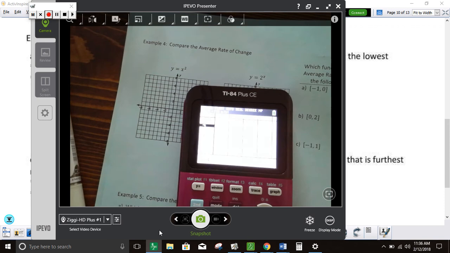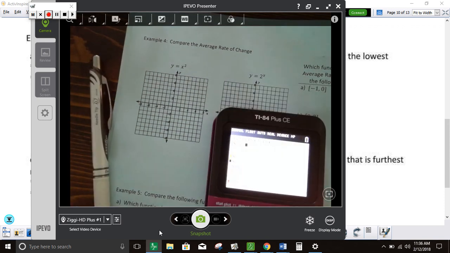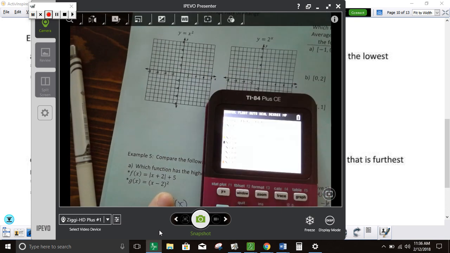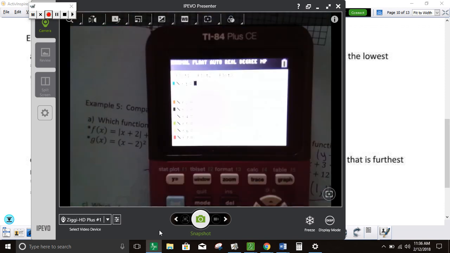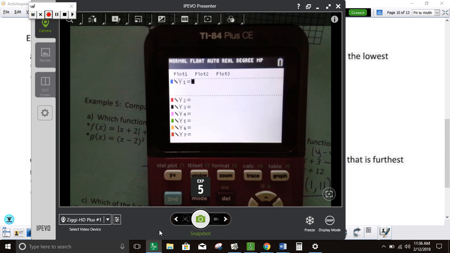The first thing, for example A, I need to plug both of those functions into the calculator, but you need to know where to find the absolute value graph on the calculator. Let me see if I can get this darker so you can see it a little bit. There we go.